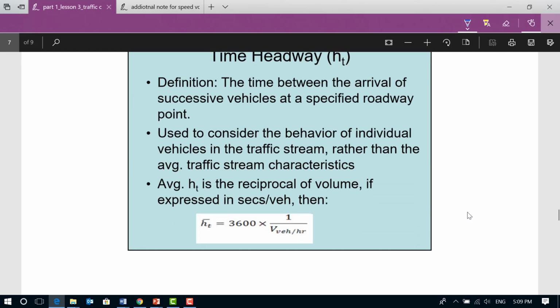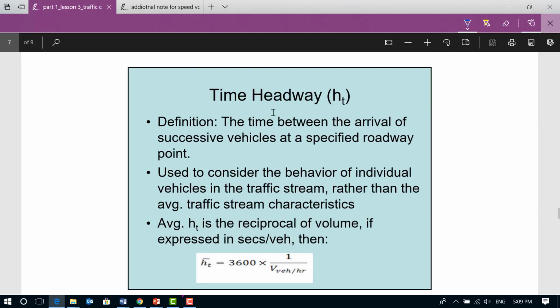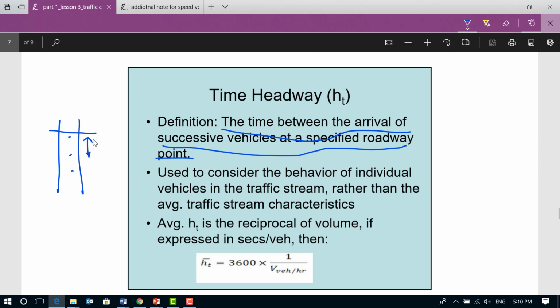Now, based on traffic volume, let's see how to calculate the time headway. The time headway is defined as the time between the arrival of successive vehicles at a specific roadway point. In other words, if we have two vehicles, what is the difference in arrival time between these two vehicles when they pass the same roadway point?